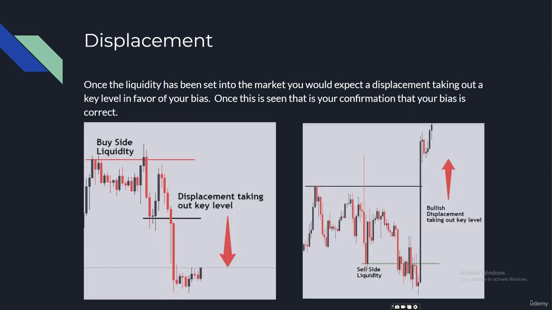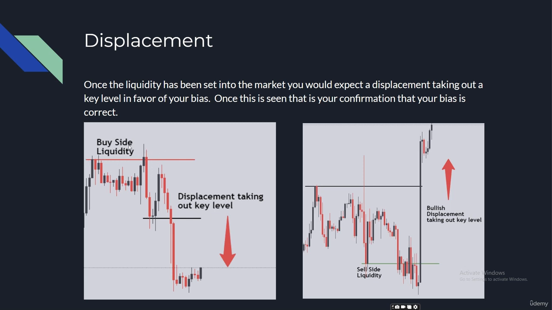Next, we want to see a displacement. Once the liquidity has been set into the market, you would expect a displacement taking out a key level in favor of your bias. Once this is seen, that's your confirmation that your bias is correct. So let's look at this example to the left. We can assume that the market bias is bearish, and we see there are resting buy stops above here.